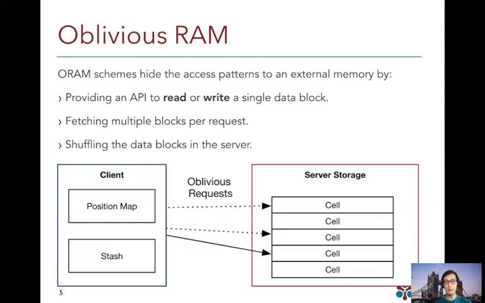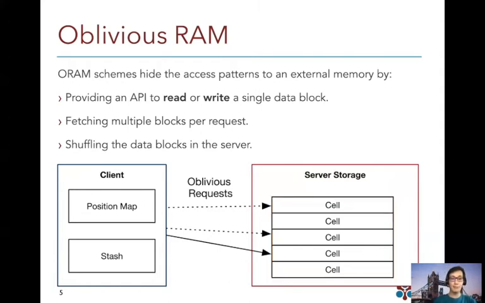One possible way to address this issue is to use ORAM encryption schemes, where the core idea is that we have an encryption scheme that, given a request to read or write a data block in an array-like data structure, as we see here on the server storage, where you have multiple addresses, each one storing data contents, the actual operation done on this server storage is hidden from an attacker.